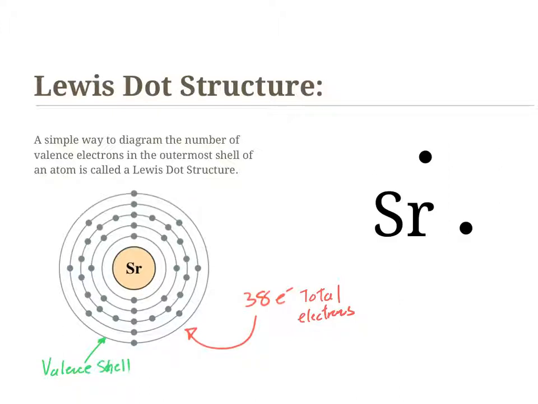And I count that it has 1, 2 electrons. So this atom has 2 valence electrons. So far, so good with that. Okay? Can I go forward?